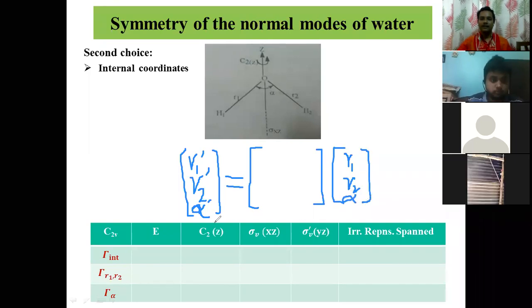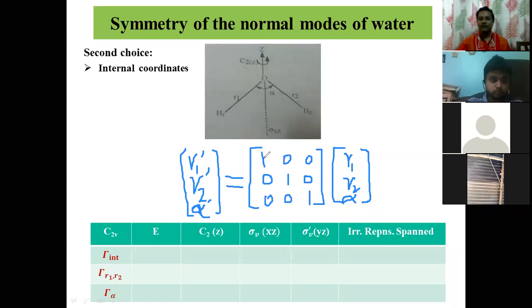For the identity operation, you must realize that R1 prime is R1, R2 prime is R2, and alpha prime is alpha. Therefore my matrix should go like this: 1, 0, 0, and then 0, 1, 0, and 0, 0, 1, right?